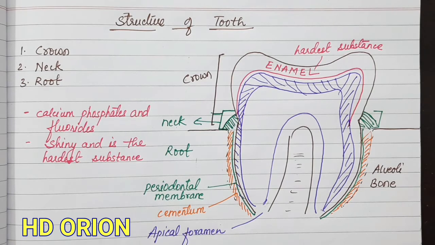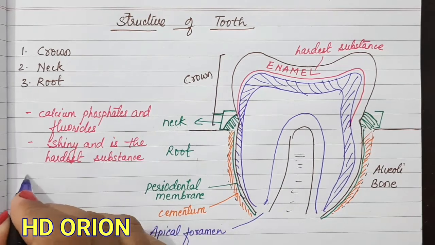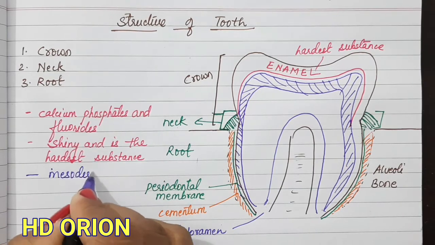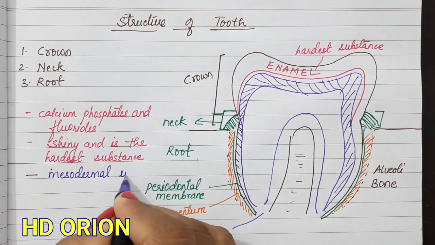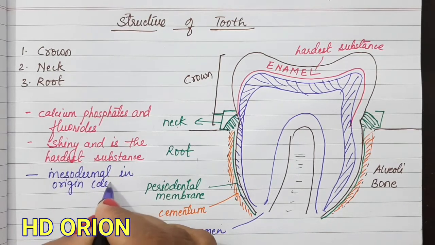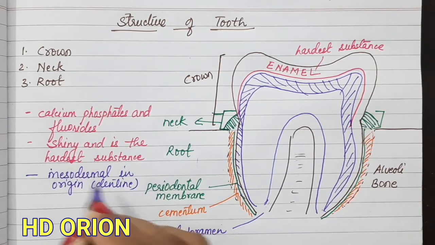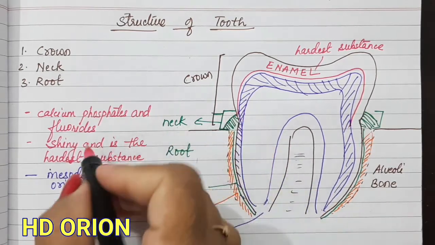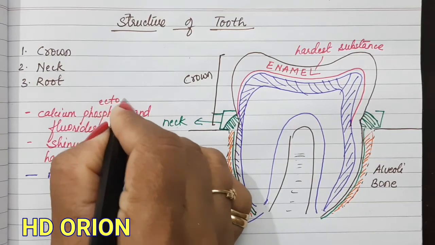There is one basic difference, that this dentine is mesodermal in origin. The dentine I'm talking about. So dentine is mesodermal in origin. While we were talking about the enamel, this was ectodermal in origin.